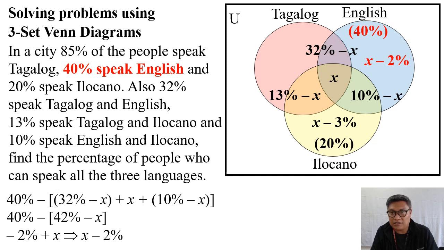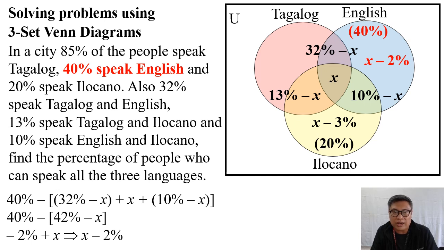40% speak English. So again, there is a total of 40%, but of this 40% class, we already have the 3. So we add this, we subtract this from 40%, then the remaining will be your x minus 2. So again, how did we arrive at x minus 2? We have here the 40% minus the total of the 32 minus x, plus your x, and the 10% minus x.